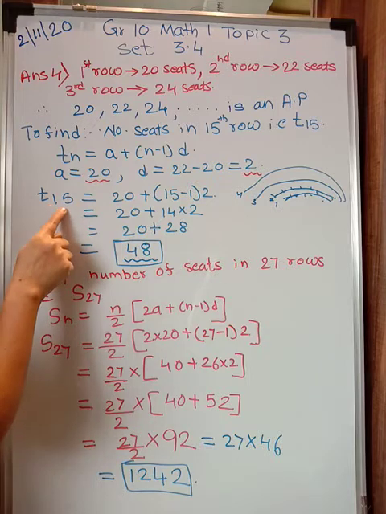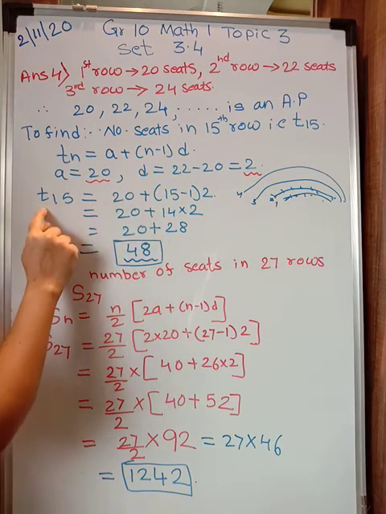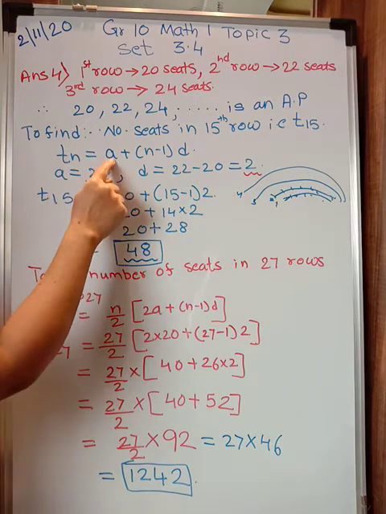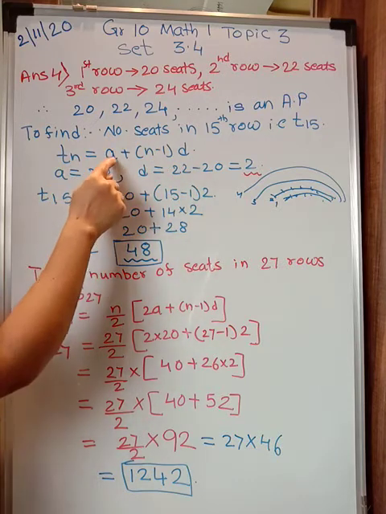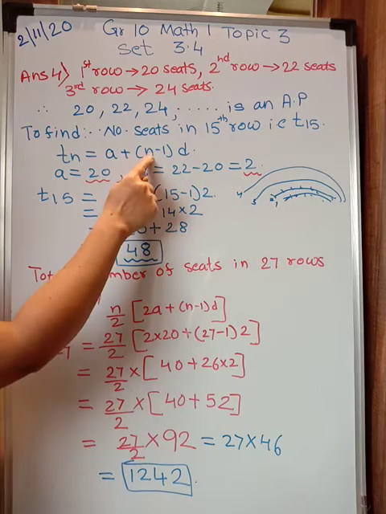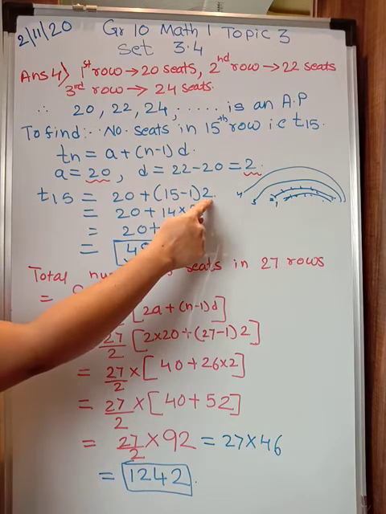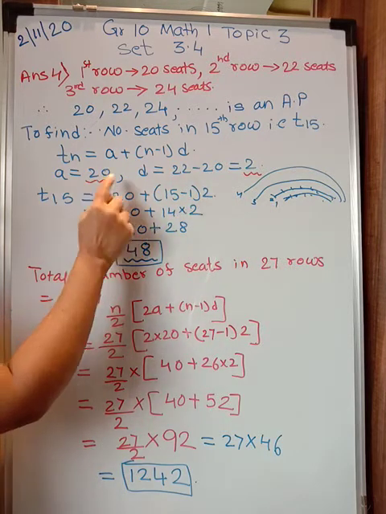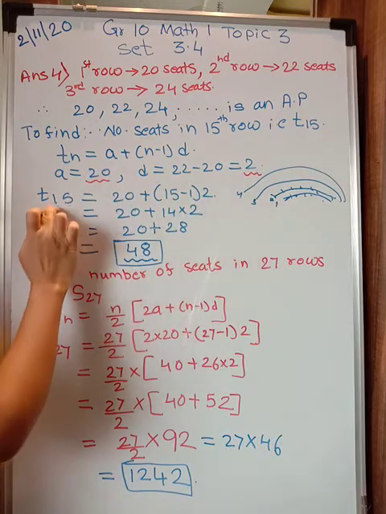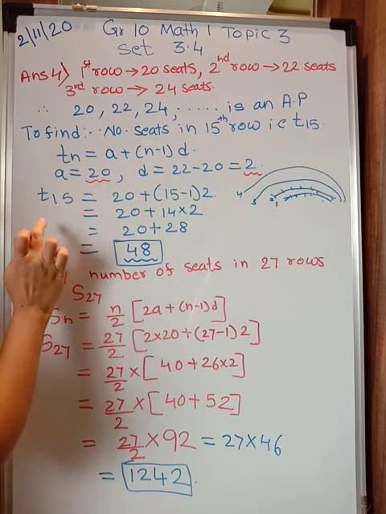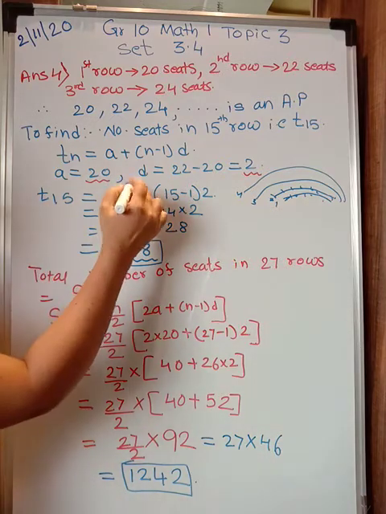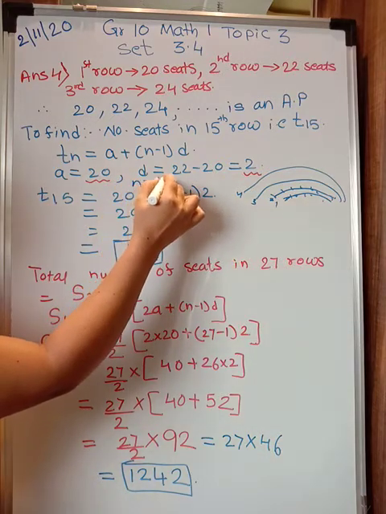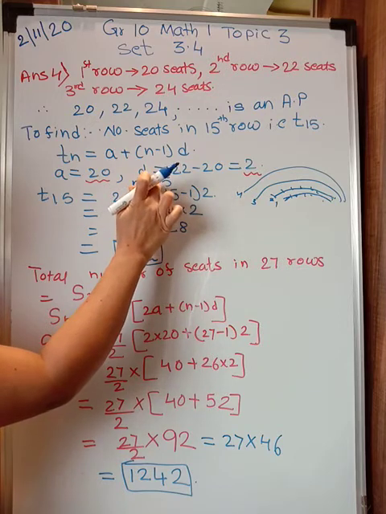So we have to find T15. What is the formula to find Tn? a plus (n minus 1) into d. So T15 will be a is 20 plus (15 minus 1) and d is 2. I have just substituted the a value, d value and n value. Here n is 15 in the first case.